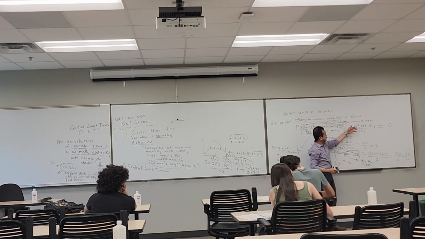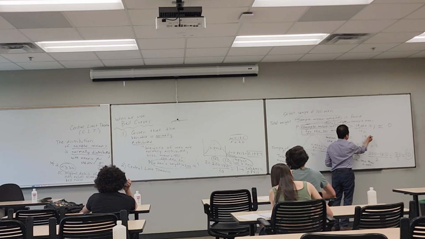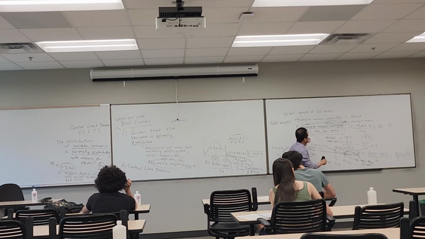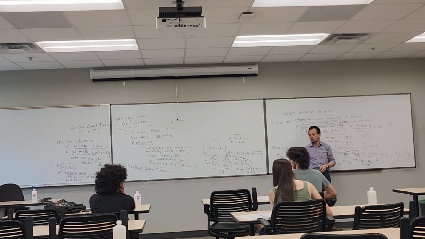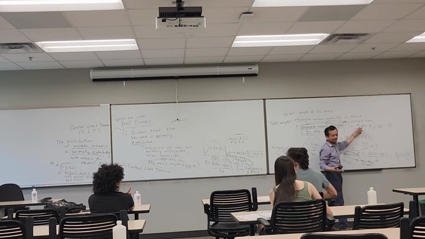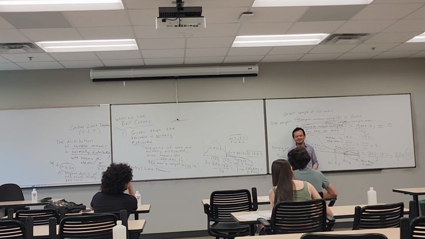If you divide the 19,000 on the right by 100, you'll get the sample mean that this total is supposed to be, and what's that? 190. So now this is the same question as what's the probability that the sample mean weight is greater than 190? It's basically the same question as the one we did previously. Sorry, I missed the 0, that's my bad.